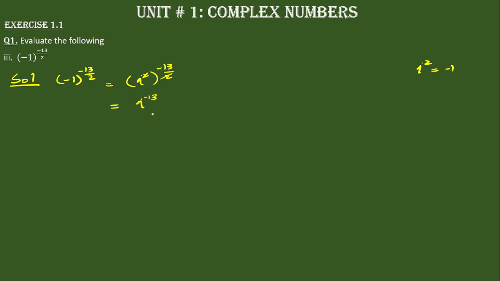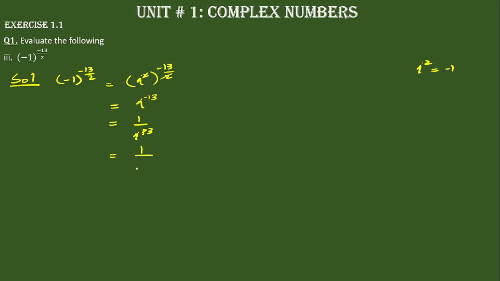Now keeping in mind that we need to resolve both 13 and this minus sign, first of all, for this minus sign I am taking the reciprocal. I can write it like this: 1 over iota raised to power 13. Now the power is positive.